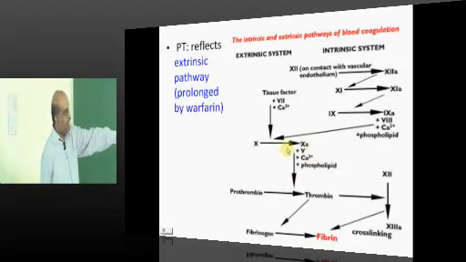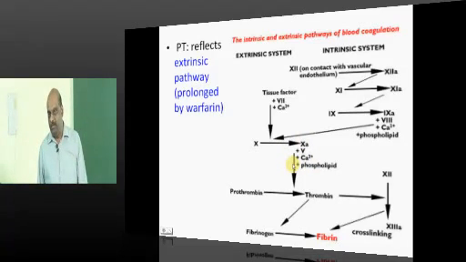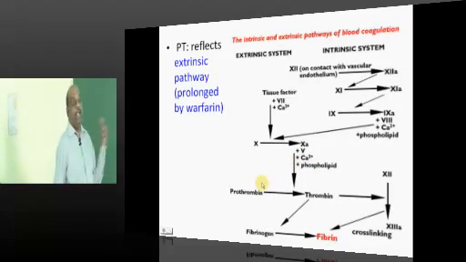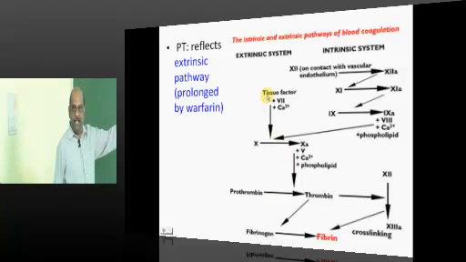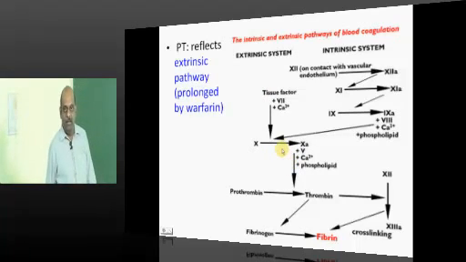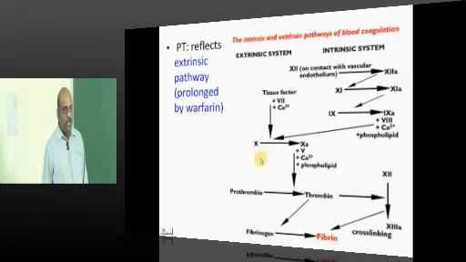If the common pathway is affected, then both PT and APTT get prolonged. Why? Normally if factor 7 is there, 10 should get activated and PT should be normal. अगर 10 ही नहीं है तो factor 7 का मतलब ही चले जाएगा ना. So that is the reason 2, 5, 10 will affect both PT and APTT.